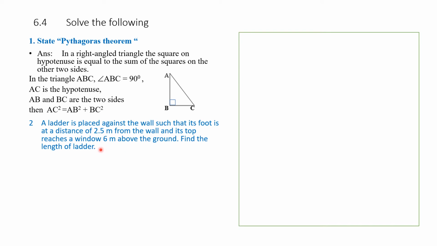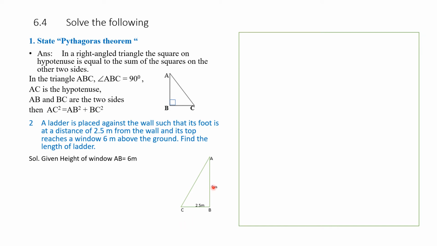Question number 2. A ladder is placed against the wall such that its foot is at a distance of 2.5 meters from the wall and its top reaches a window 6 meters above the ground. Find the length of the ladder. Please see the figure here. ABC.